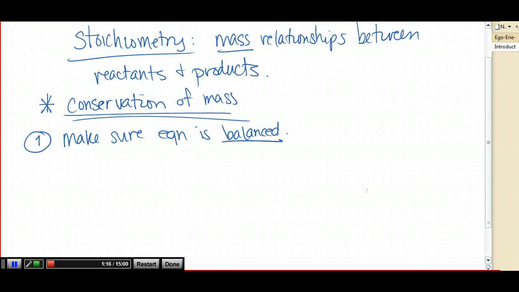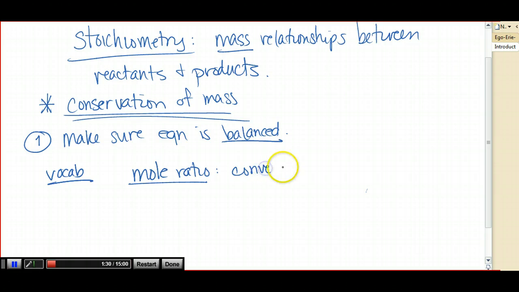And there are a couple other things you need to know, vocabulary-wise. That's mole ratio, which is the conversion factor for moles of any two substances.